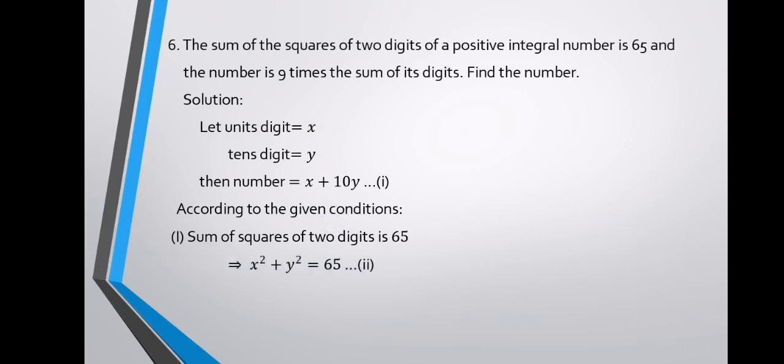So according to the given condition, x square plus y square is equal to 65. And the second condition is the number is 9 times the sum of the digits, which means to say this number x plus 10y is equal to 9 times (x plus y).